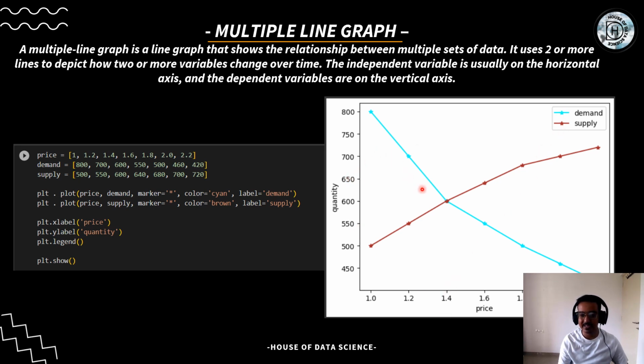So it is very easy to show in the same graph rather than building two different ones, which also shows the relationship between demand and supply. And here the independent variable is price and the dependent variable is quantity. Once the price increases, the quantity, which is dependent on price, decreases for the demand aspect. And for the supply aspect, when the price increases, the supply also increases. So this is how you can draw an interface between two different plots which we have, right?